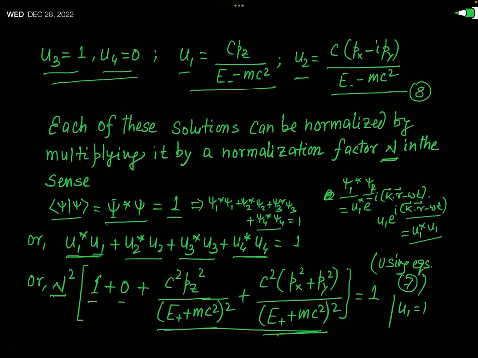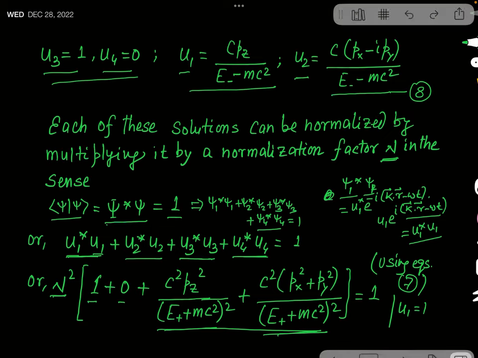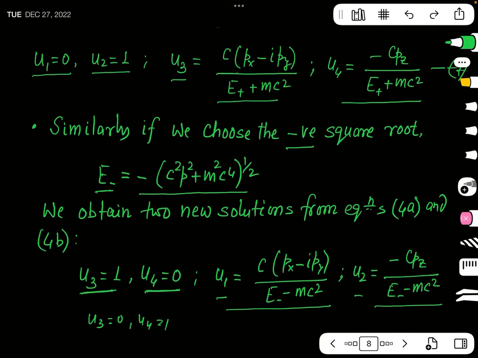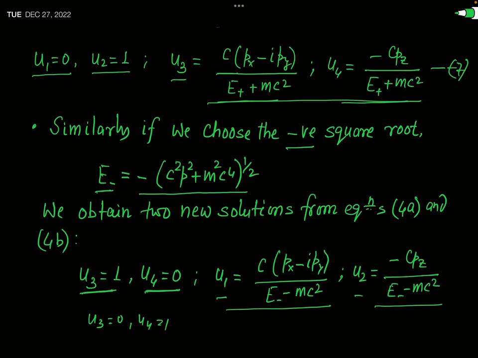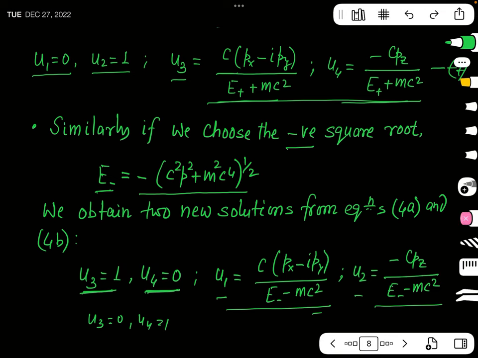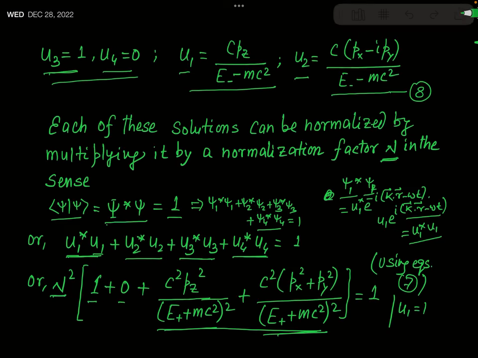Sorry, this is for E minus. For E plus, this is the second solution. So taking this solution, you will get the same normalization factor. But now take these two solutions, that is u3 equal to 1, u4 equal to 0 and this much, and the other set, u3 equal to 1 and u4 equal to 0.